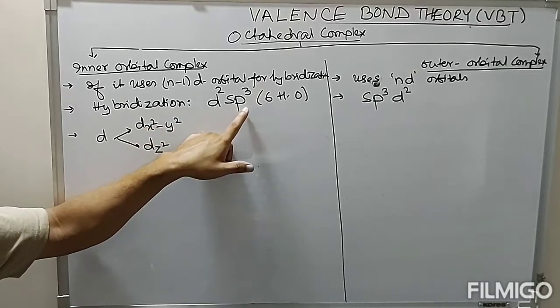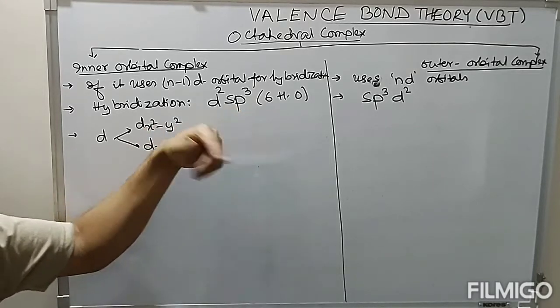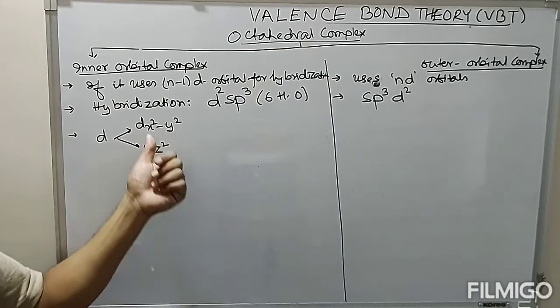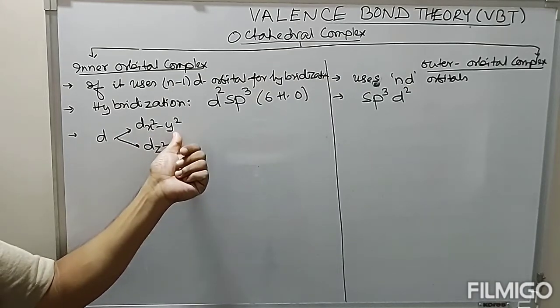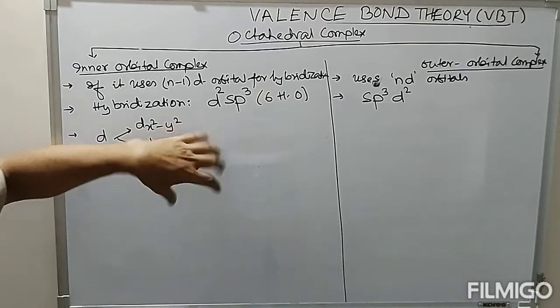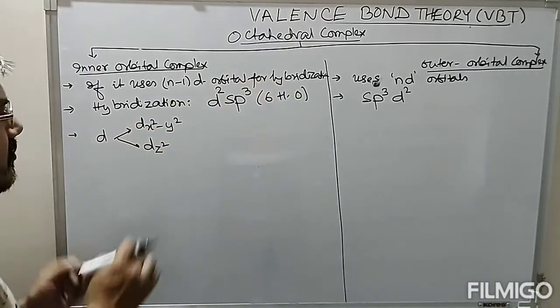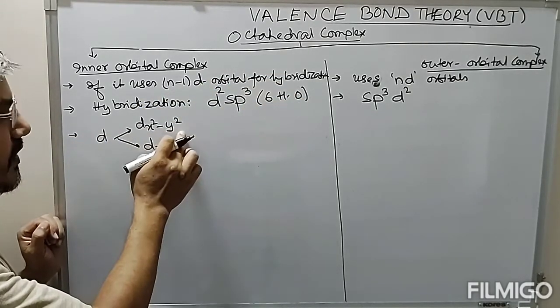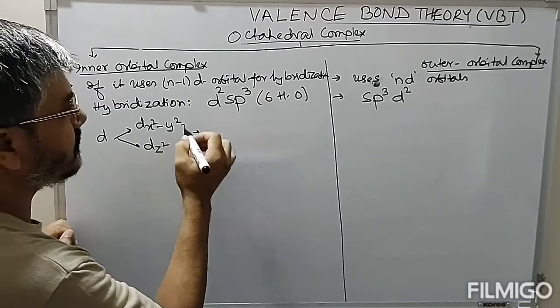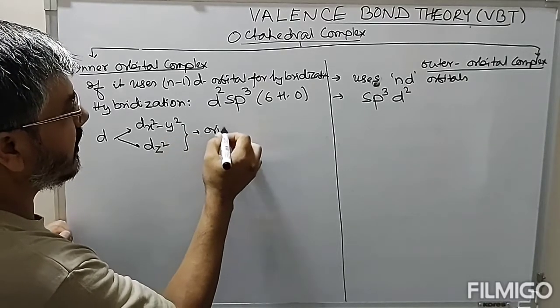Now we have p, whose direction is along x, y and z. So z will overlap, x will overlap, y will overlap. So this is how we select the orbitals for hybridization. So selectively you have to use dx2-y2 and dz2, because these two orbitals have orientation along the axis.